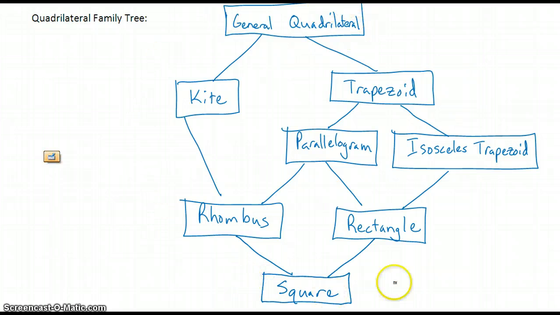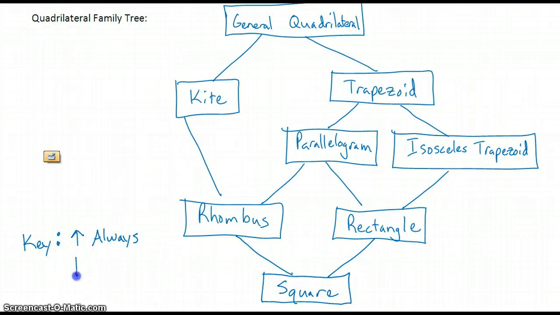This quadrilateral family tree is a quick and easy way to remember how all the quadrilaterals relate to each other. The key to reading this family tree: if we connect going up from one quadrilateral to another, that quadrilateral is always everything above it.